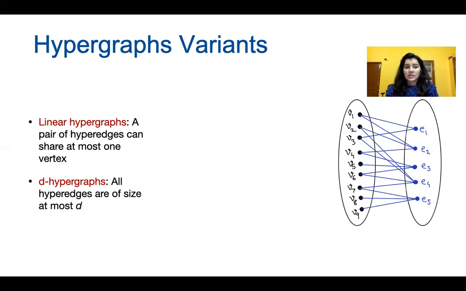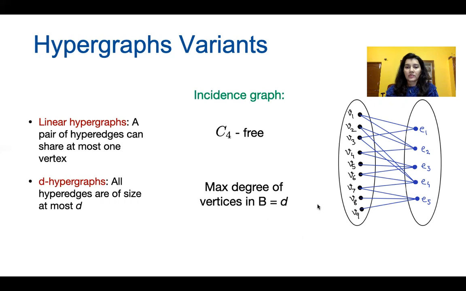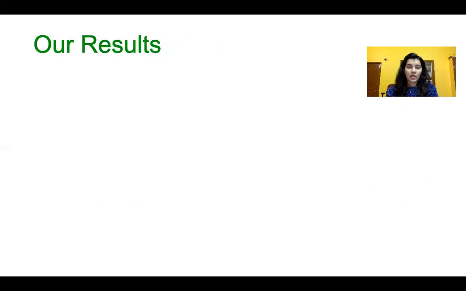So what do these variants translate to when we look at the incidence graph? In a linear hypergraph, the incidence graph will be free of C4 cycles because any two edge vertices here cannot have more than one common neighbor. And for d-hypergraphs, the incidence graph will just have the property that the vertices in the partition B will have maximum degree d.